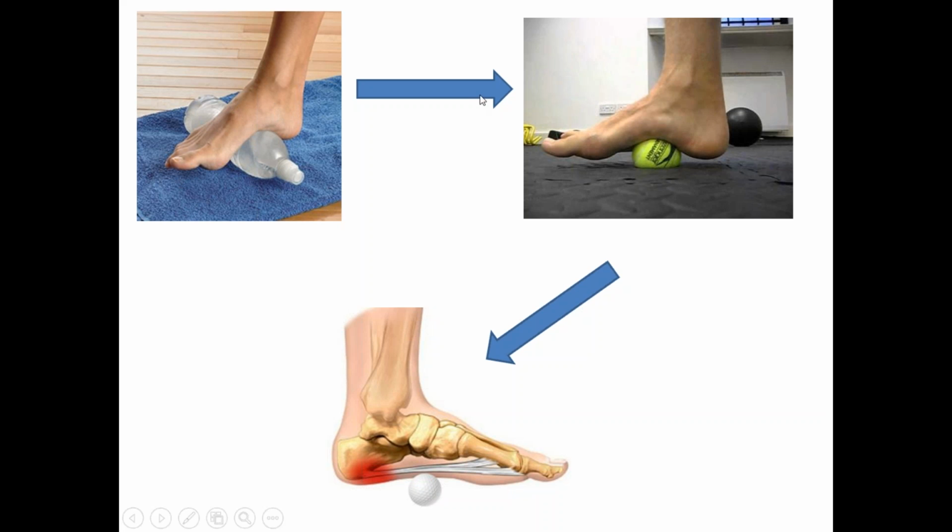They can also start, once they're used to that, on a tennis ball. A lot of people go right to the golf ball. That's too small of a point too soon. Try this and this for the first week, and you can alternate if you have to. Do the tennis ball first, and then ice it down afterwards if you're really sore. If you're not really sore, you can go right to the ice and the tennis ball.